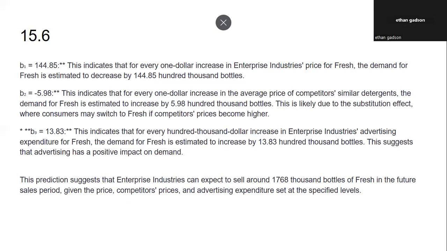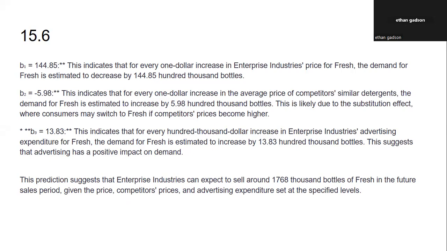So for 15.6, we found that B1 equals 144.85. This indicates that for every dollar increase in Enterprise Industries' price for Fresh, the demand for Fresh is estimated to decrease by 144,850,000 bottles. Then B2 equals 5.98.